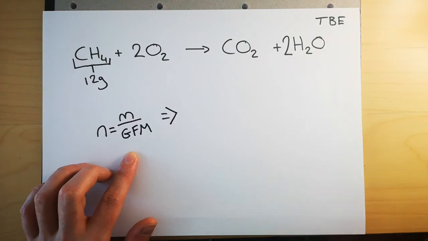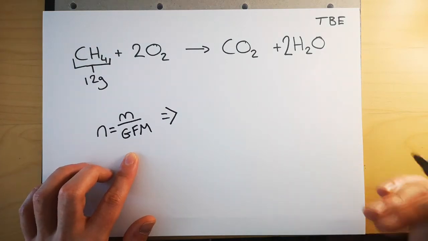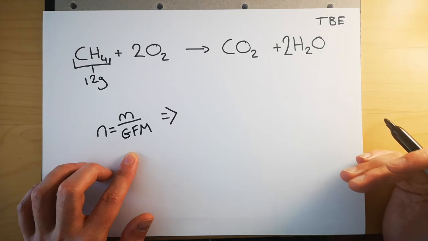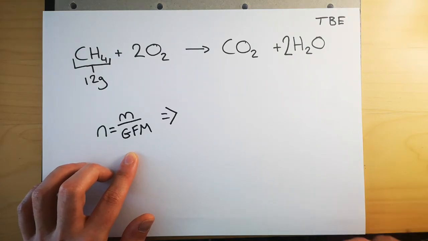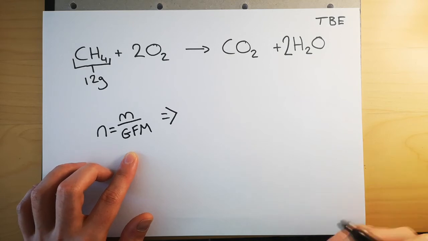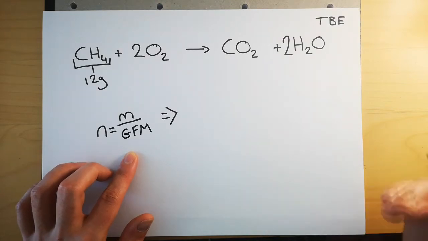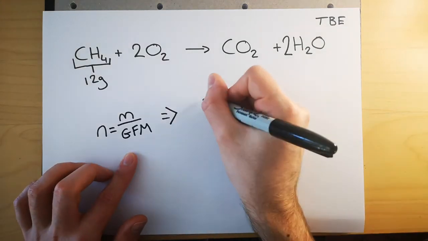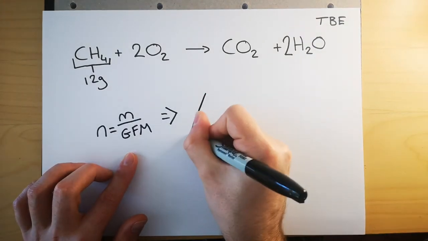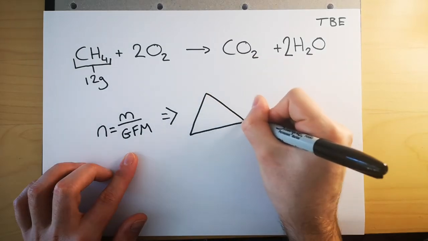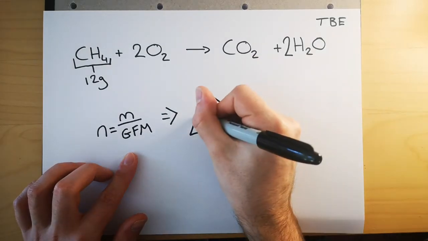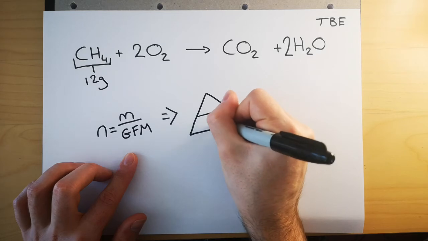The triangles are really just there to help those who struggle rearranging equations. The ability to rearrange equations isn't needed if you use the triangle. If you're struggling with maths, it's a way around rearranging those equations. So, we get our triangle in place, and it looks like this.